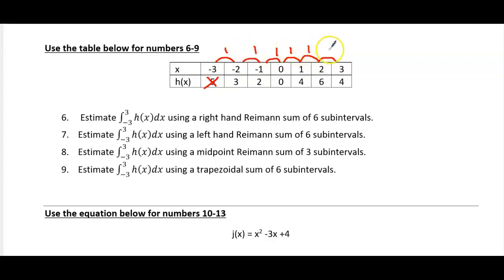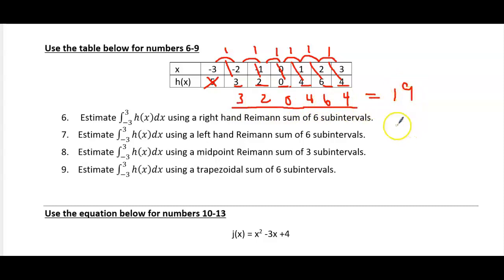In this case, they're all 1s. And then these numbers here all represent our heights of our right-handed rectangles. And you just do base times height all the way across. And then you add all these values up. And I get 19 for that one. So that would be the answer to number 6, 19.